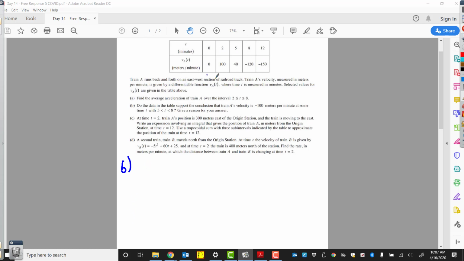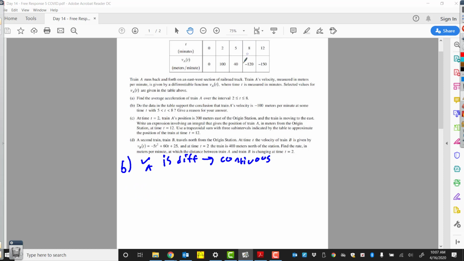This is differentiable. Since v sub a is differentiable, that automatically tells us it's continuous. Because it's a differentiable function, that means it has to be continuous. Now, if it just said continuous, that doesn't mean it's differentiable, but to be differentiable, you have to be continuous.